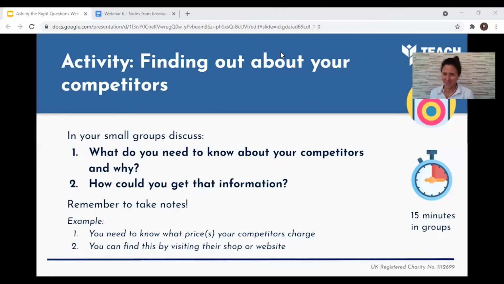So I will say in point 2, how could you get that information? We are going to get information as potential clients. We're going to work there as a client to them because we cannot expose ourselves. We would put ourselves at high risk if we did so.